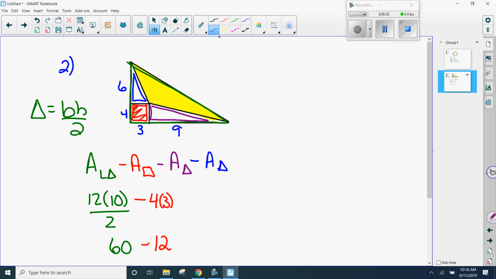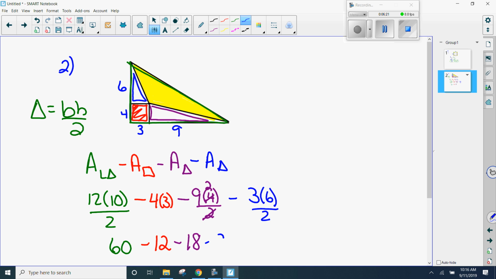Then you have the purple triangle, which has a base of 9, a height of 4, and you have to divide by 2. 2 goes into 4 2 times. 9 times 2 is 18. Then you have the blue triangle. The base is 3, the height is 6, and you divide by 2.